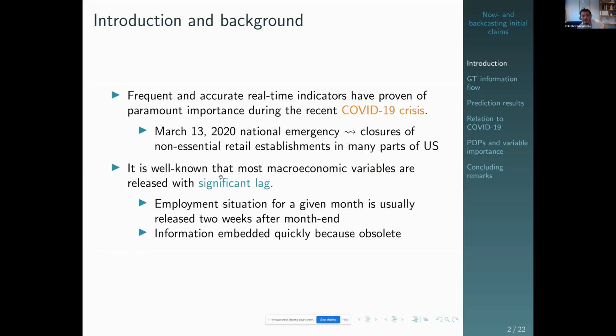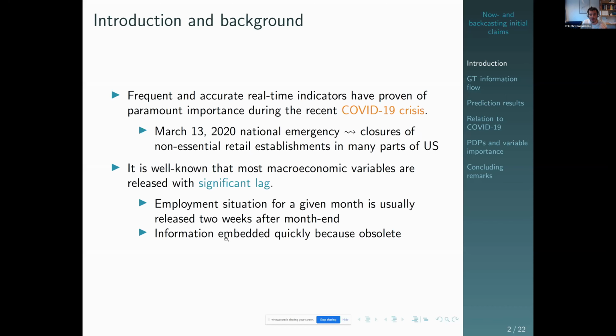And if you're part of this forum, you know that macroeconomic variables are released with a lag. So the information embedded in them by the time it is released, particularly in times of a lot of turmoil, is many times obsolete.